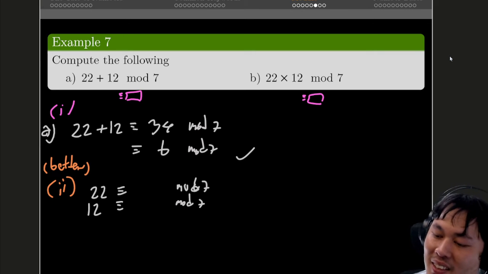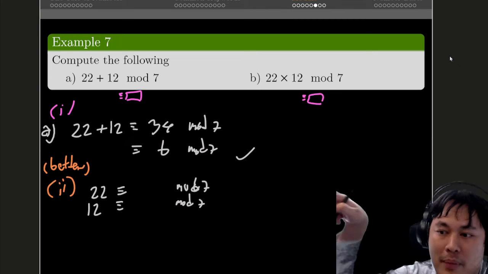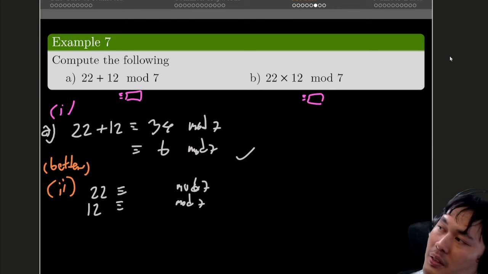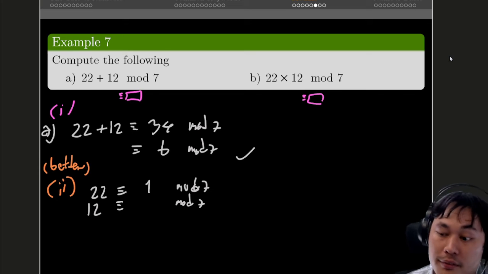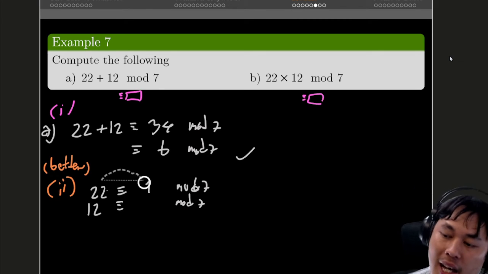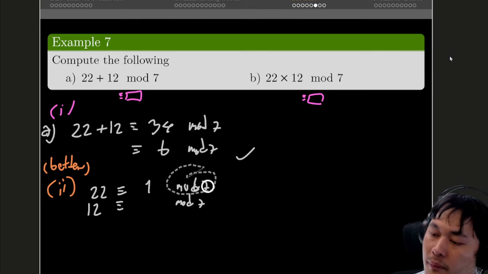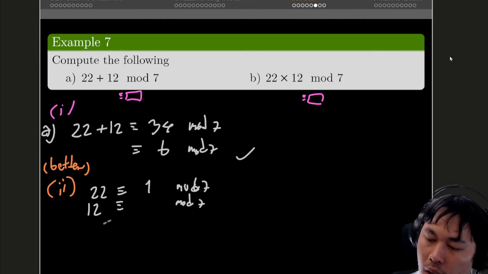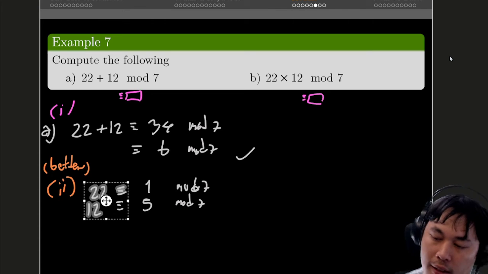That would be better, maybe more healthy. So you can do the math and say, oh, 22, if you move back 3 steps, you get 1. The difference is 21. The other one is 7 times 3 too. They are in the same section in mod 7. Then for 12, 12 is 5, and you move around the clock back 1 time to get 5.